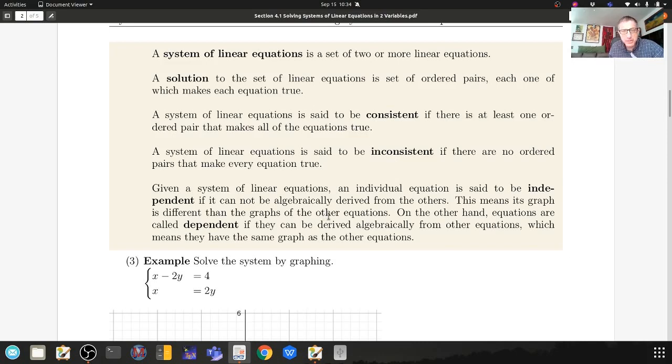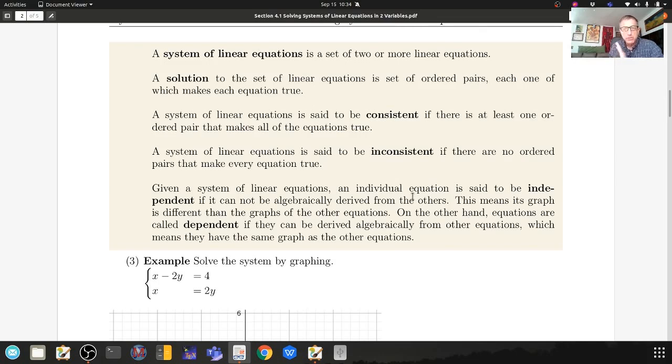So given a system of linear equations, we're talking about an individual equation. The system contains two, so we're talking about one of those equations. It is said to be independent if it cannot be algebraically derived from the others. This means its graph is different than the graphs of the other equations.